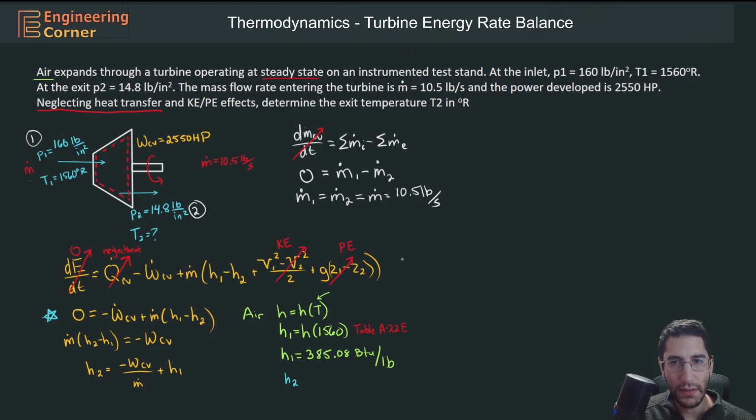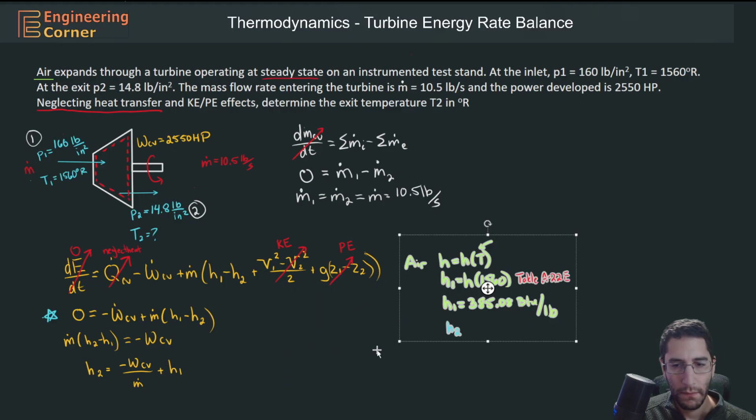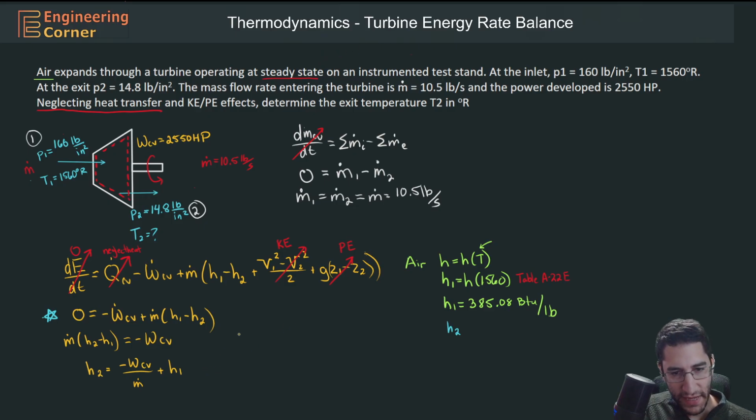Okay, let's give myself a little bit more room over here. H2 is going to be equal to minus 2,550 horsepower. Now, we have to convert horsepower to BTU. The conversion we have is 1 horsepower over 2,545.